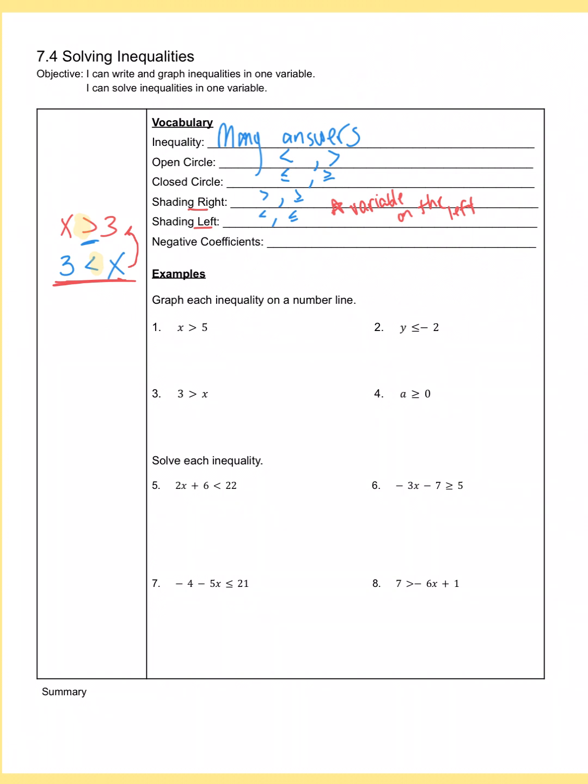And then our last thing is with negative coefficients. And a coefficient is a number in front of the variable. So if we multiply or divide by a negative, you have to flip the inequality sign.